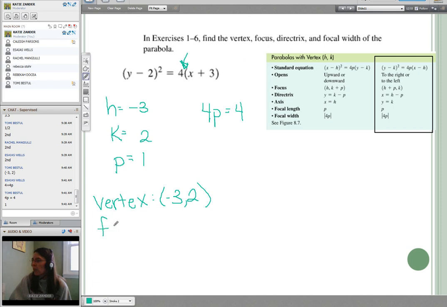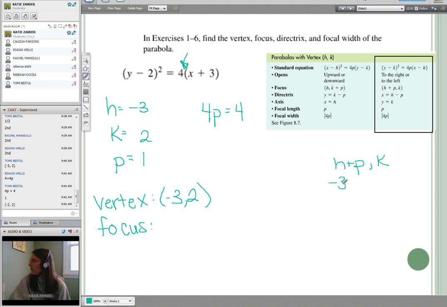Let's find the focus. Where is the focus going to be occurring? At what point? Yep, so off to the side, I did that H plus P comma K. -3 plus 1 is a -2 comma 2. The next thing we have to find is the directrix.